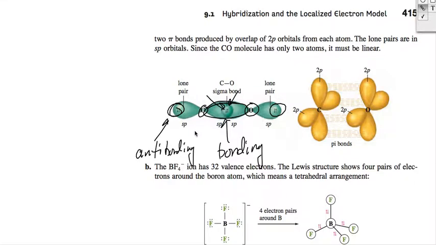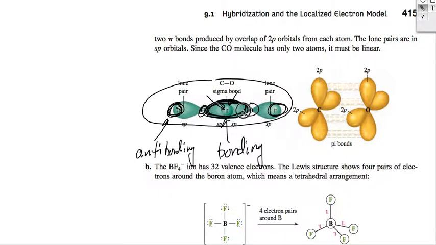They're actually detracting from it. It doesn't mean that this molecule is not going to happen. It just means that it's a question of which is going to win out. Are you going to have electrons here that are causing the two atoms to bond, more than you're going to have electrons on the outside kind of detracting from the bond? So you're going to have bonding electrons and you're going to have anti-bonding electrons.